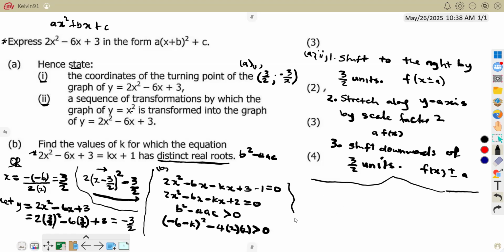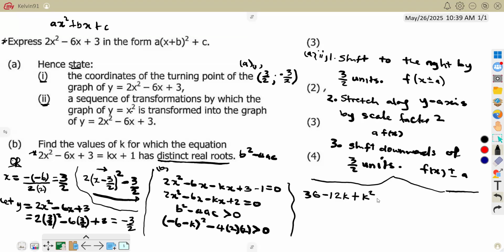So let's solve the inequality. If we are to expand that, it means minus 6 minus k, all squared, is going to be 36 plus 12k plus k squared.